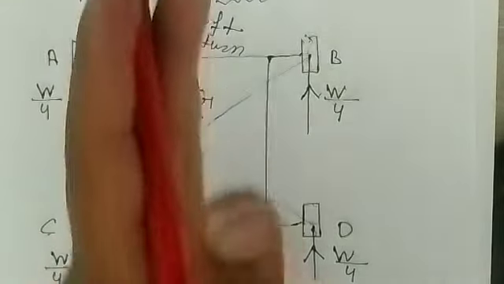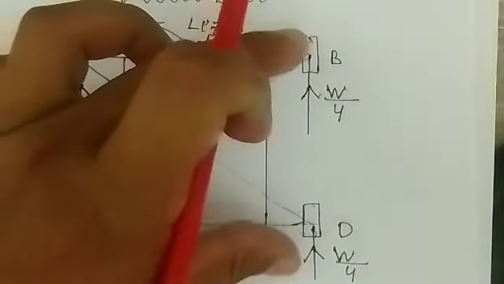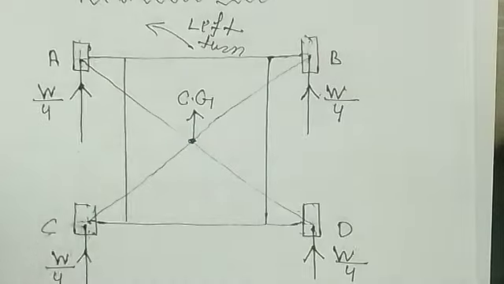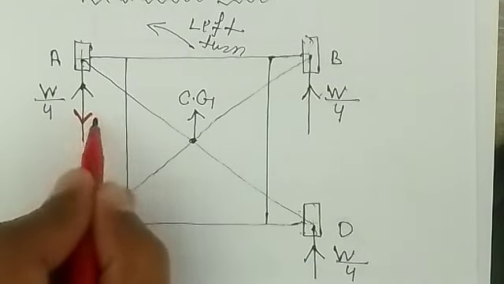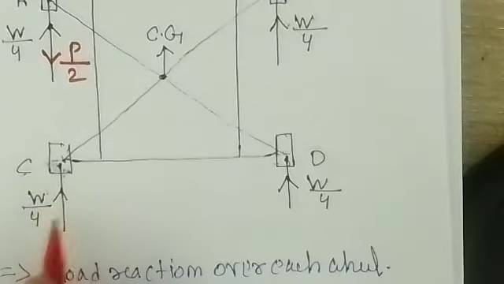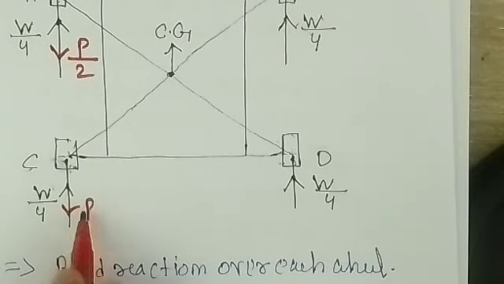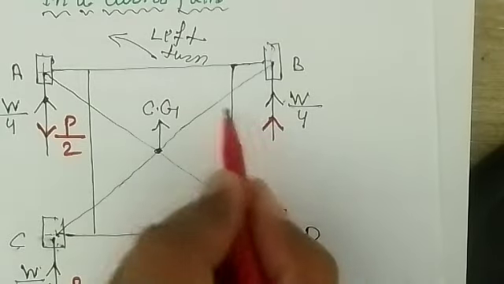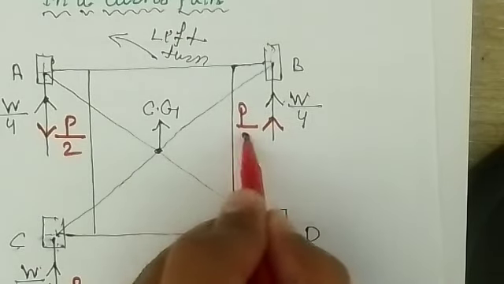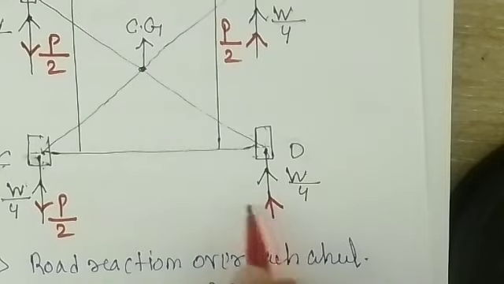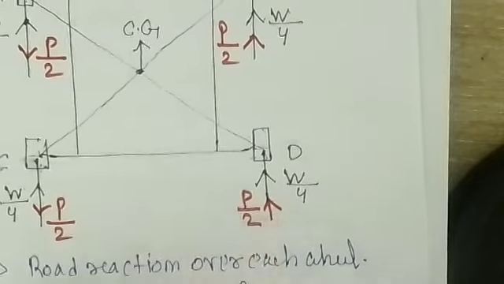Don't be confused. If it is taking a right turn, then B and D will be the inner and A and C will be the outer, right? So on the inner wheel the reaction we got is P by 2 downward, but on the outer wheel this reaction P by 2 due to the net gyroscopic couple is upward, right? So this is very important, you have to show it, right?